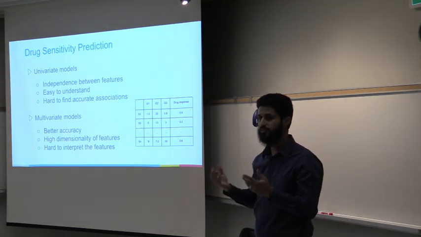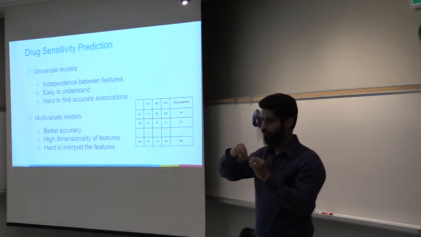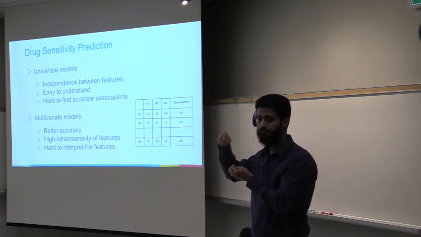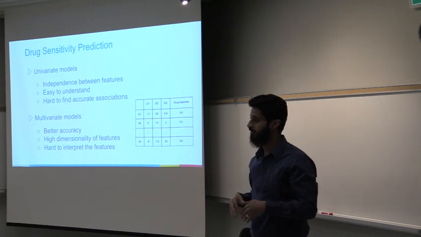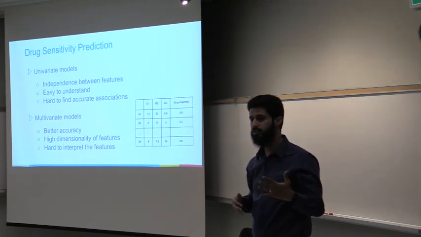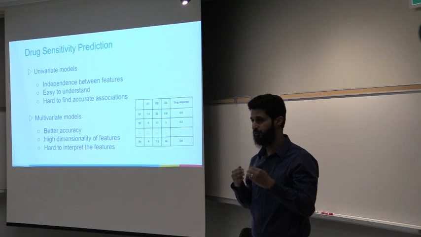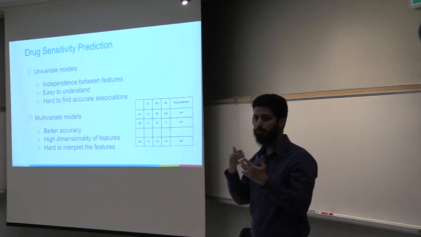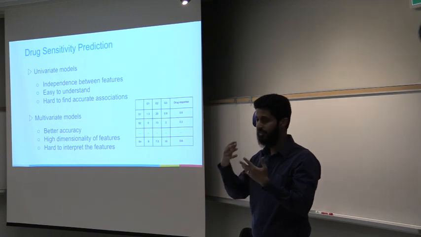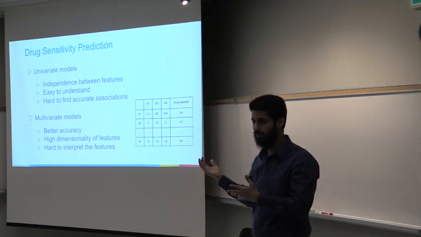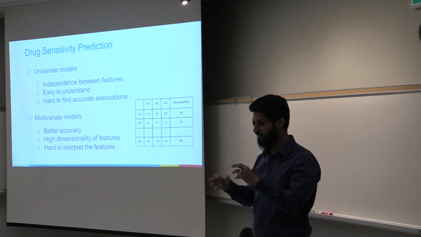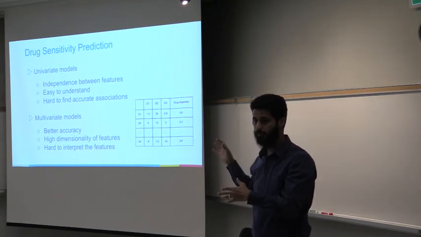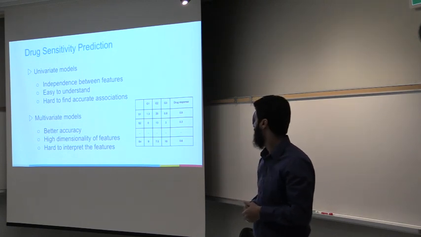If we take that simple example and say we looked for a gene that is highly correlated with the drug response in a positive direction, we could say that as the expression of this gene increases, the sensitivity, or the probability that this sample is going to be sensitive to the drug, increases, and so on. So it's easy to know what's the factor that is important for that drug.